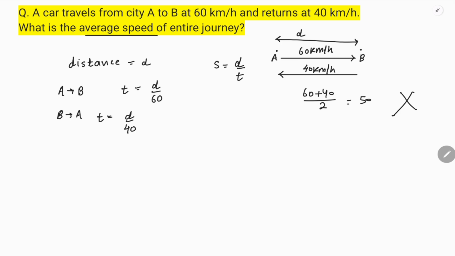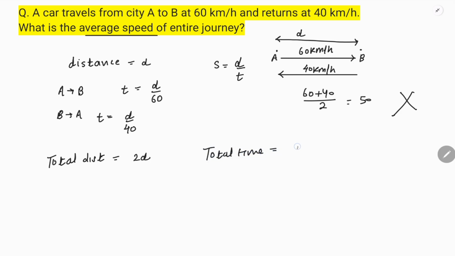Okay, so now we know the total distance. What is the total distance the car traveled? Total distance is d plus d, 2d, right? It went from A to B and then it came back from B to A, right? So the total distance is 2d and now I will find the total time.